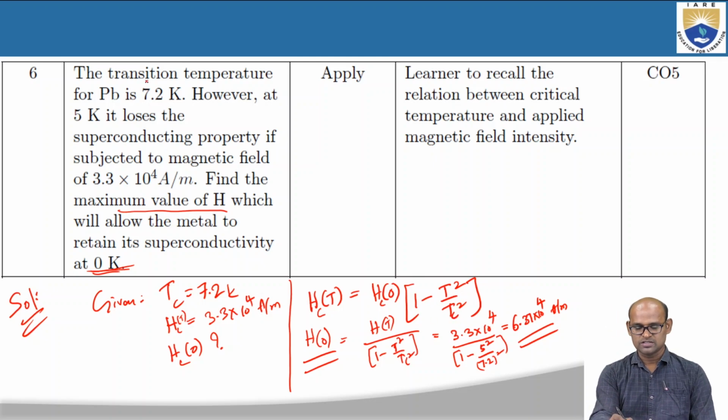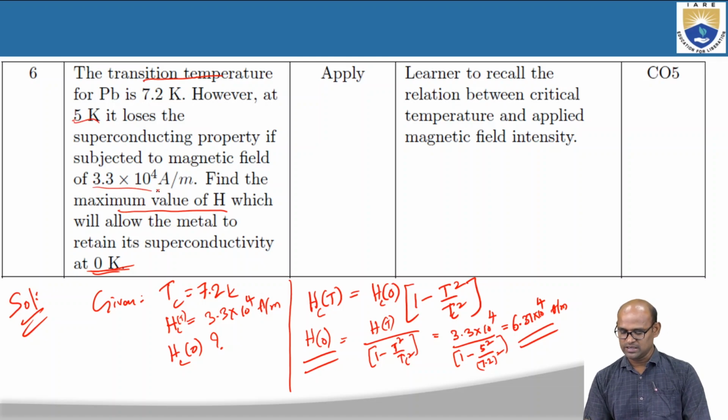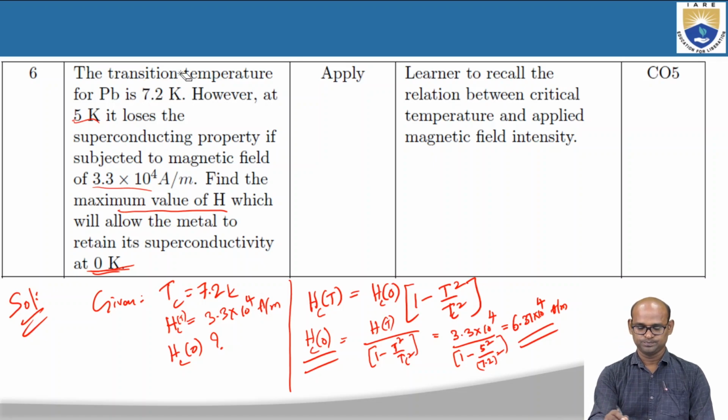The transition temperature Tc is 7.2 Kelvin, and T, at which it loses its superconducting property, is 5 K and the field is 3.3, that is, Hc of T is 3.3 into 10 power 4. Substituting all the values, we found that Hc of 0 is 6.37 into 10 power 4 amperes per meter. Let us go to the next problem.